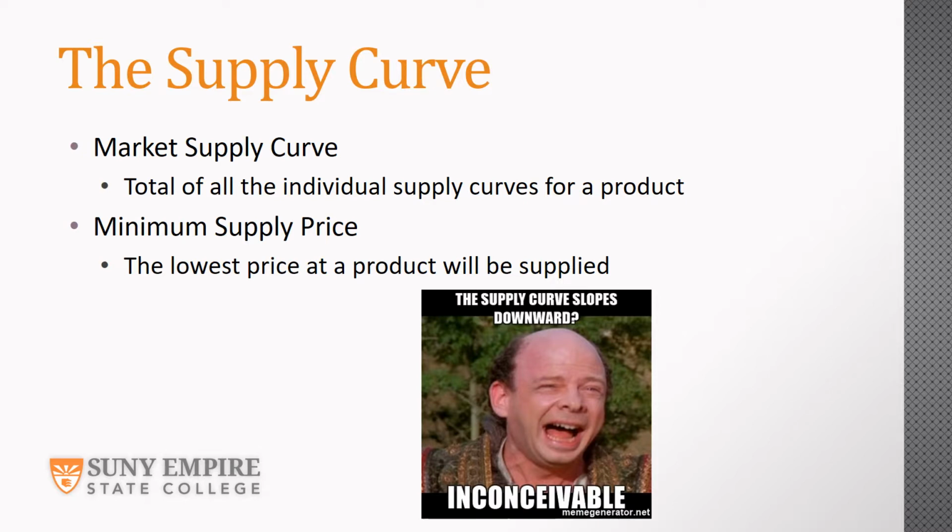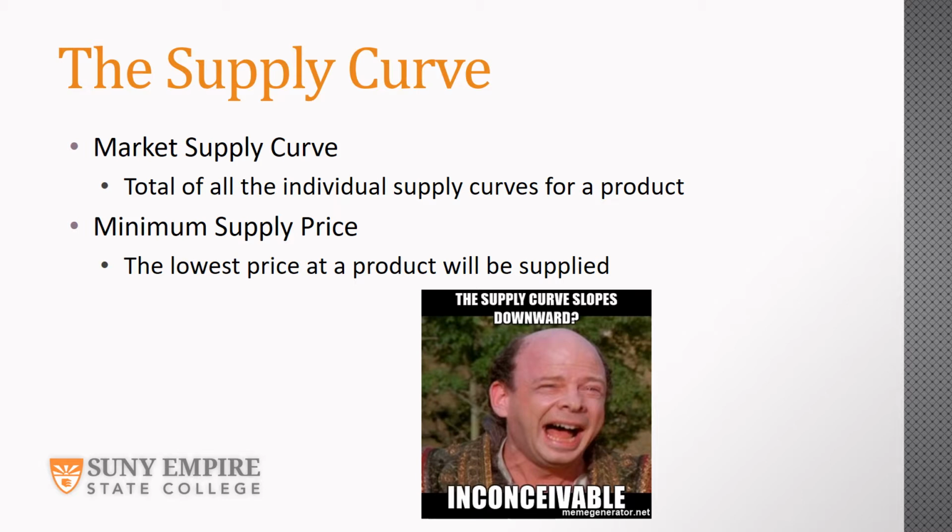As with the various demand curves, we form a conglomerate picture of all the individual supply schedules to create a market supply curve. One main difference between the supply and demand curves is the idea of a minimum supply price. This is the lowest price at which a product will actually be supplied.